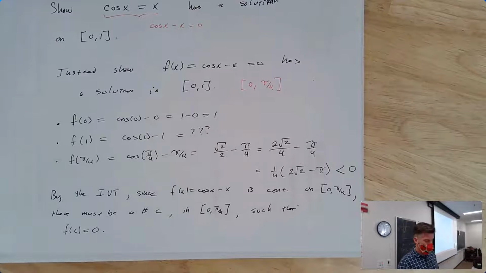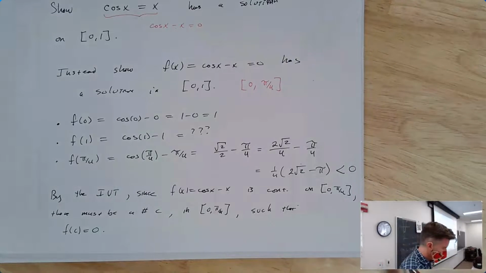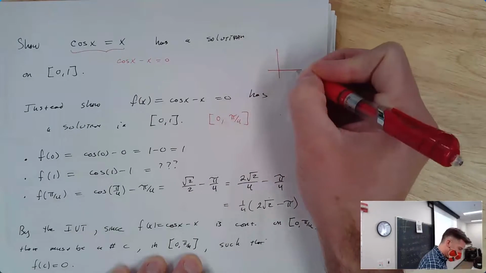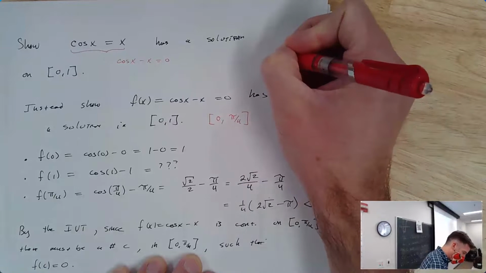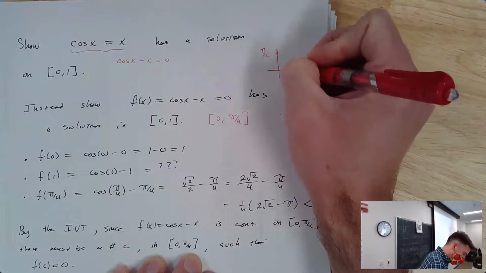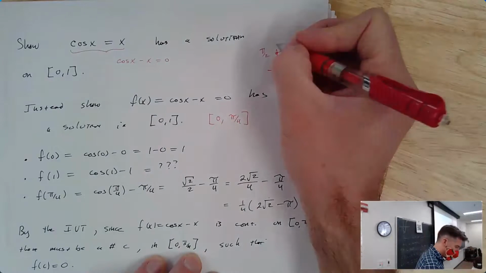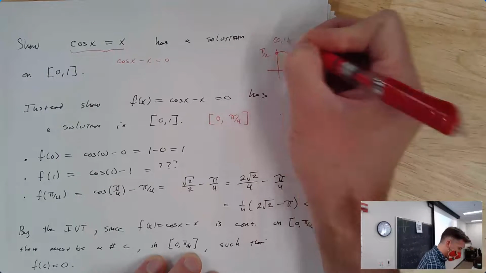A different way to go that is also valid here is to remember the biggest cosine can ever be is 1. Is cosine of 1 equal to 1? No, if it was, we would know it. Cosine of 0 is equal to 1. Remember, in the first quadrant, here's the angle 0, here's the angle pi over 2, and cosine goes from being equal to 1 at 0 to being equal to 0 at pi over 2.